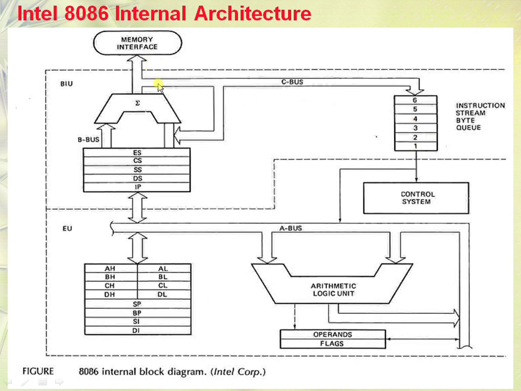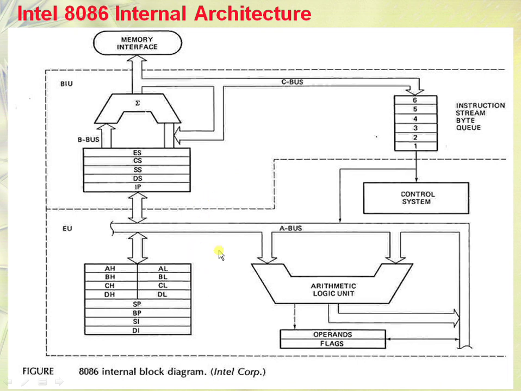The instruction is stored inside this queue from one end, and from the other end the execution unit retrieves and executes those instructions. So simultaneous fetching as well as execution happens. That is why both are independent in nature.